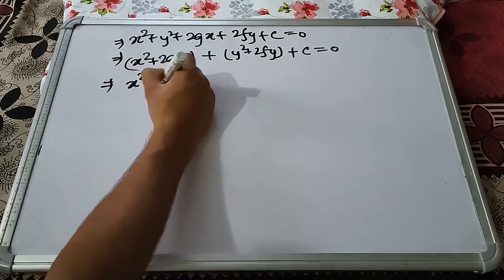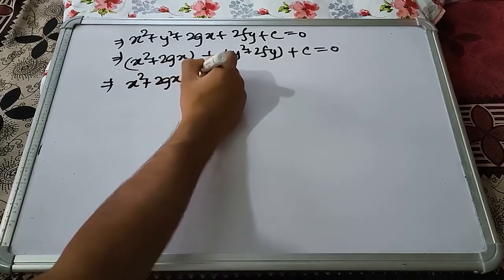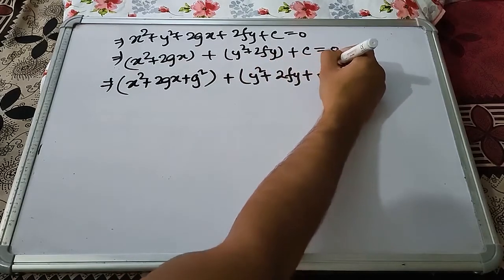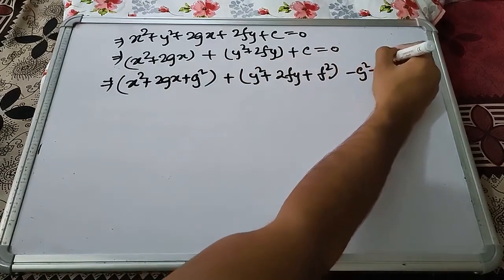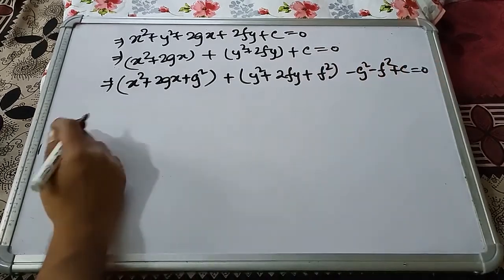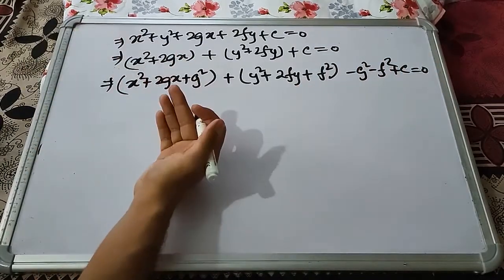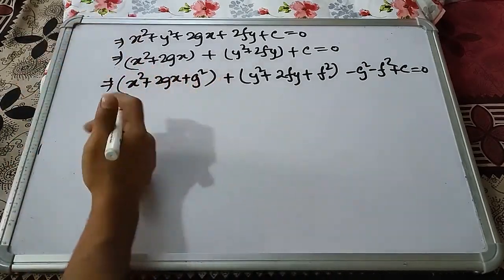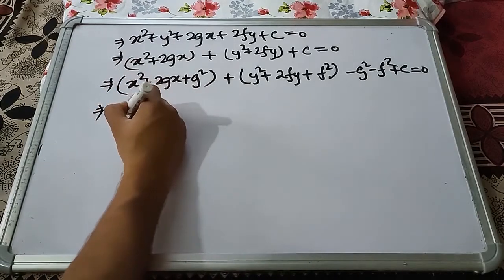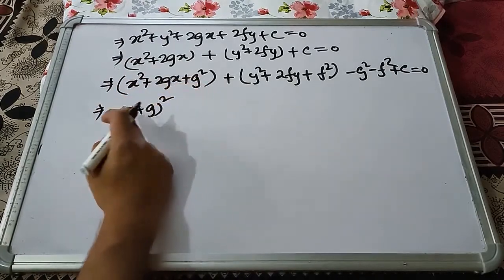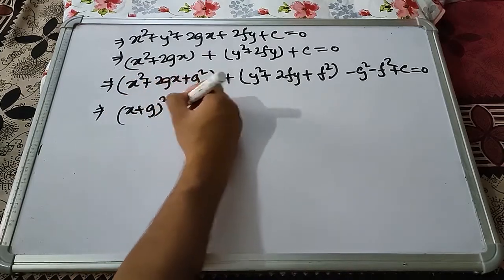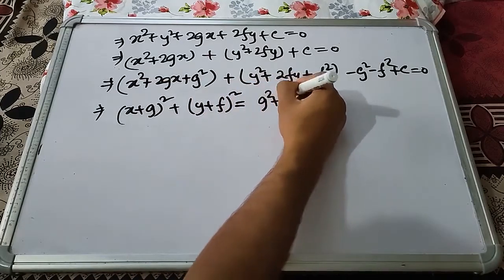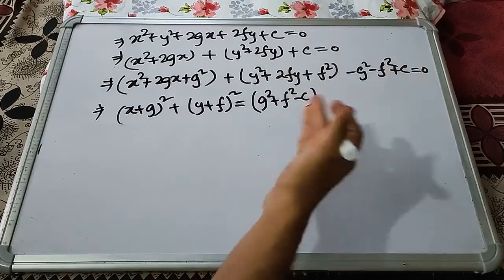So x square plus 2gx, and if I add g square over here, plus y square plus 2fy plus f square over here, and if I subtract g square minus f square, and the c remains as it is, this equation is just in a rewritten format. This is nothing new, it is the same as this, just a little bit modified. What you can observe is that this is x plus g whole square, right? x square plus 2gx plus g square. This is y plus f whole square equals g square plus f square minus c. As we change the side, we change the sign.